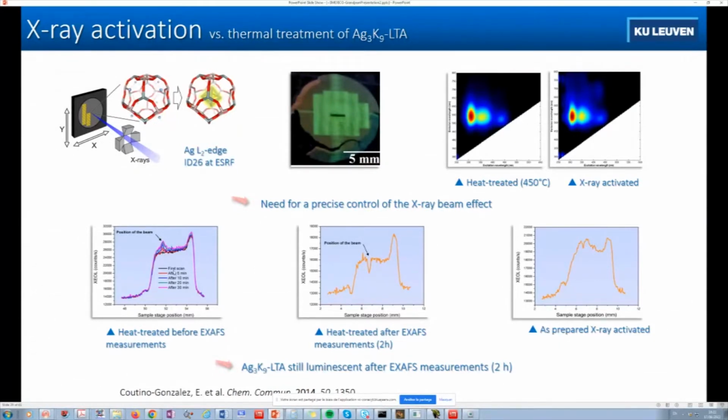If you irradiate for some time, you're increasing the luminescence, so you're creating new cluster. And now if, after a while, 2 hours, you continue, you're just decreasing, you're just digging into the sample, and then you're sort of destroying the cluster. So that's why it's so difficult.